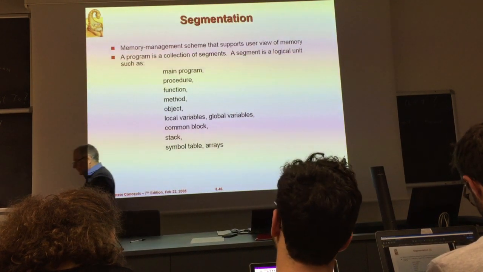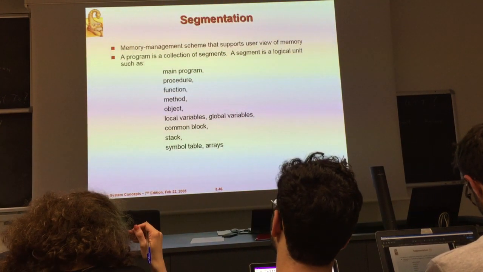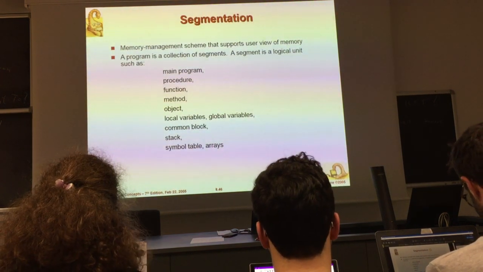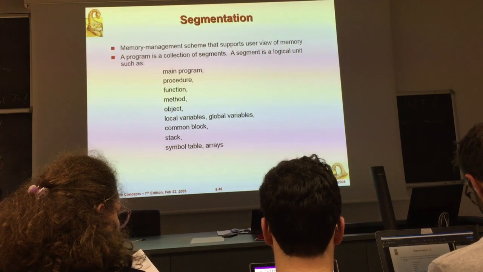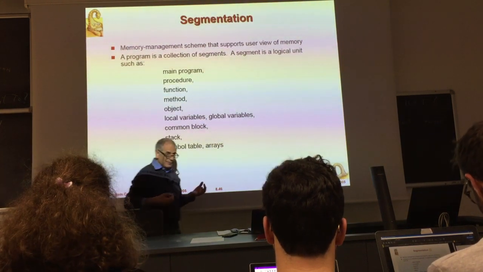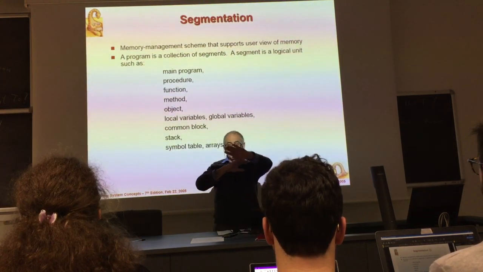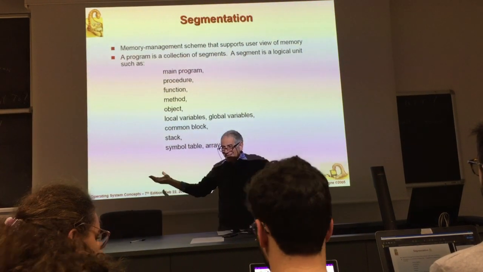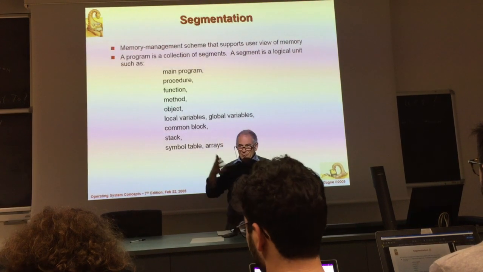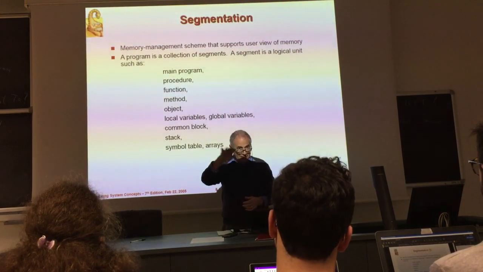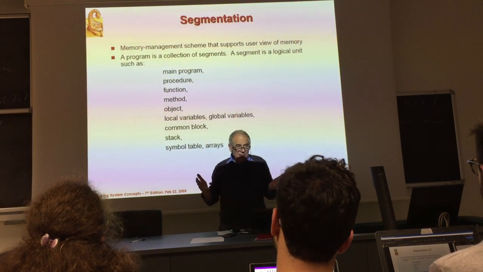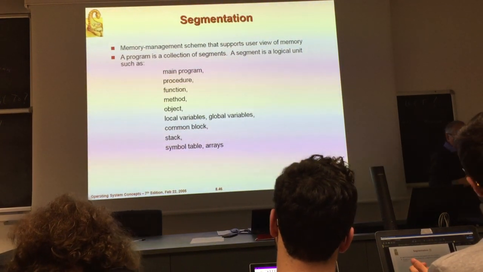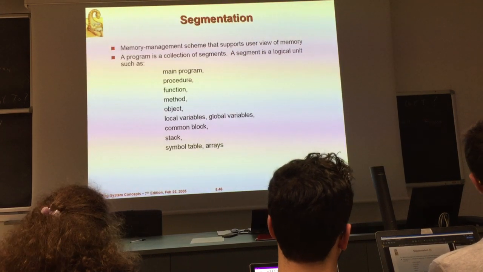while a segment, on the contrary, is a variable dimension object that is meaningful, while a page is not meaningful, because you can cut the program when the 4 kilobytes end or 1 kilobyte ends, without any notion about routines, functions, stack, whatever.